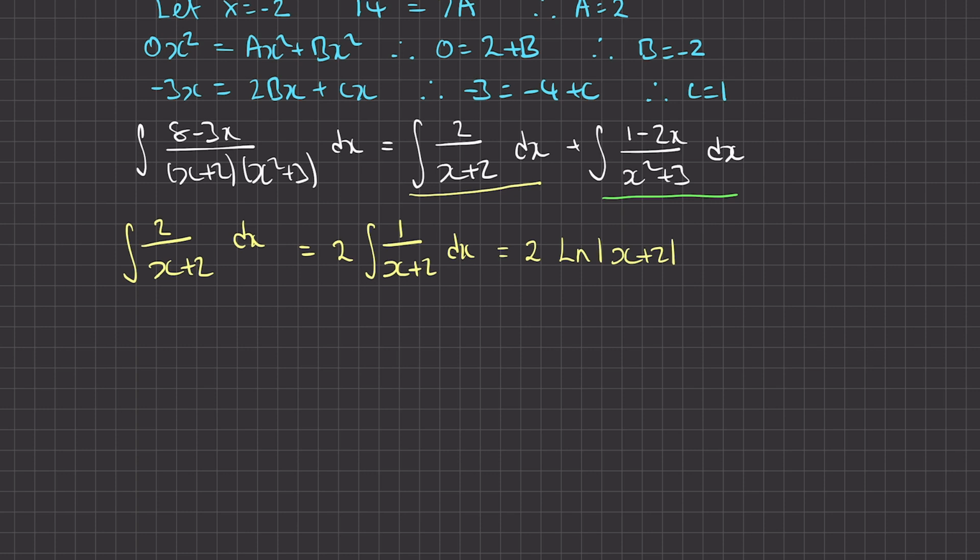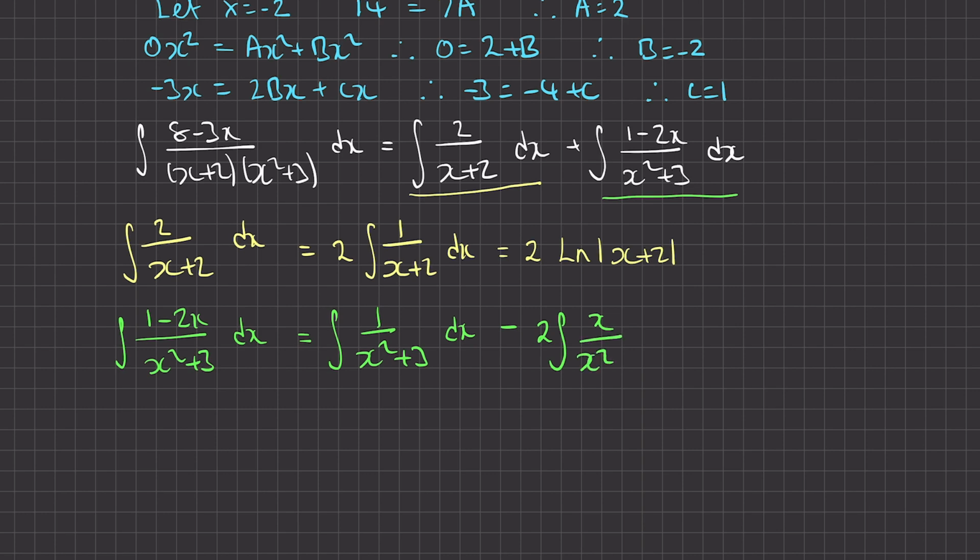So we have the integral of (1 minus 2x) over (x squared plus 3) with respect to x. Now I'm going to break this down by taking out the x and a 1 term. So we have the integral of 1 over (x squared plus 3) minus, and I'll pull out the 2 to the front, 2 times the integral of x over (x squared plus 3), again with respect to x.